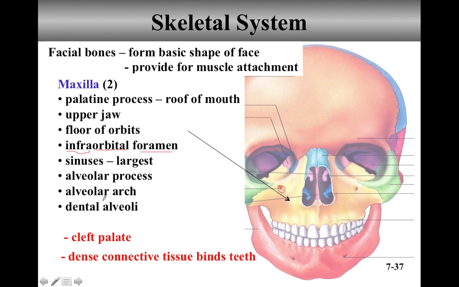Alveolar processes, alveolar arch, and dental alveoli are referring to these structures right here. Okay, we make this little arch for your teeth. The arch part itself, the top of the arch, is called the alveolar arch. The part that sticks down between your teeth right here, that's called the alveolar process.